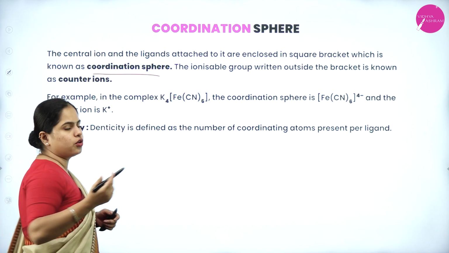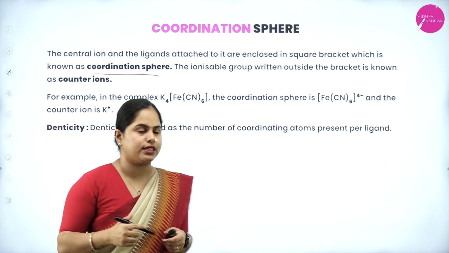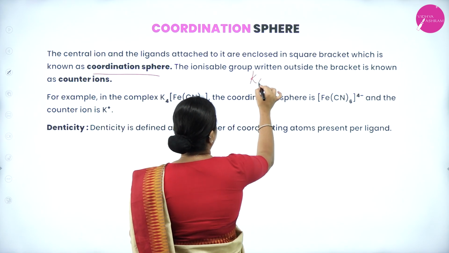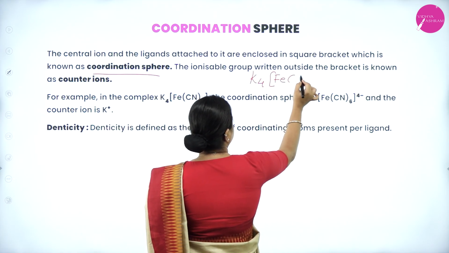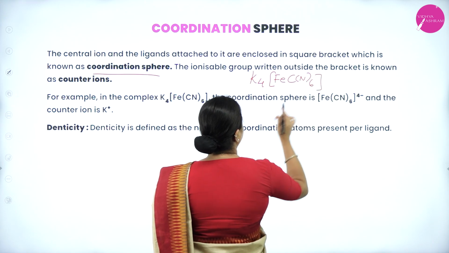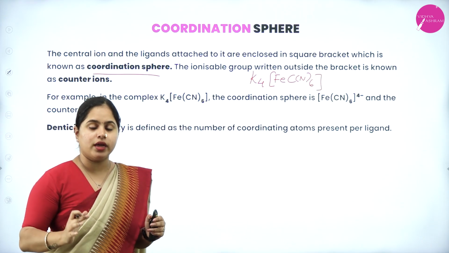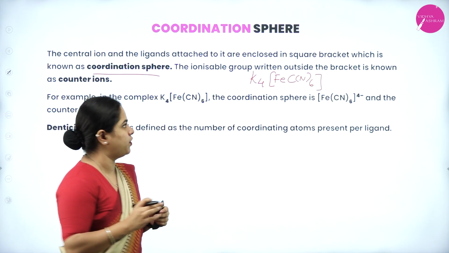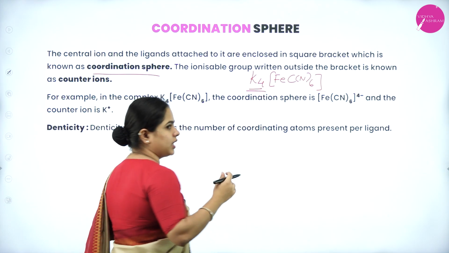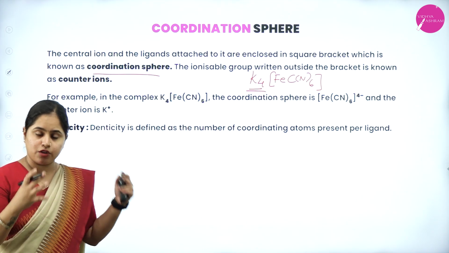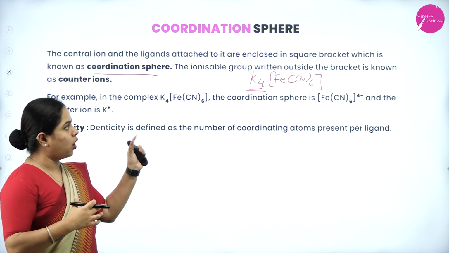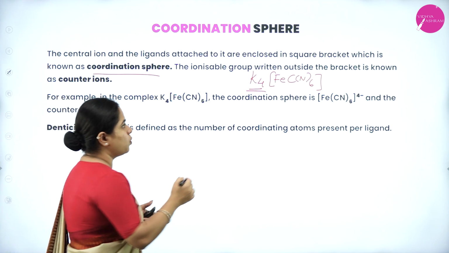So already as an introduction, we have discussed about this in the first session itself. So for example, K4[Fe(CN)6]. If we are taking this example, whatever is enclosed in the square bracket, it is called as a coordination sphere. So this is not present inside the coordination sphere. It is a part of the coordination compound, but it is not present inside the coordination sphere. So what is this called as?